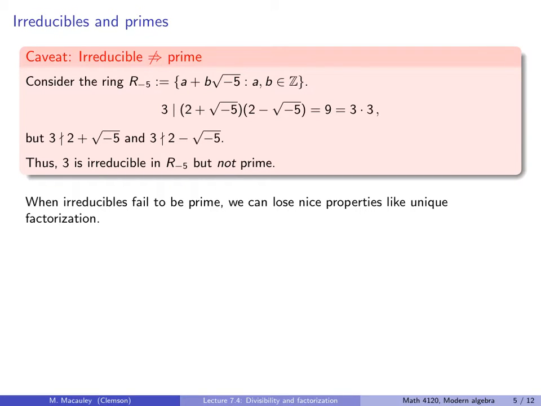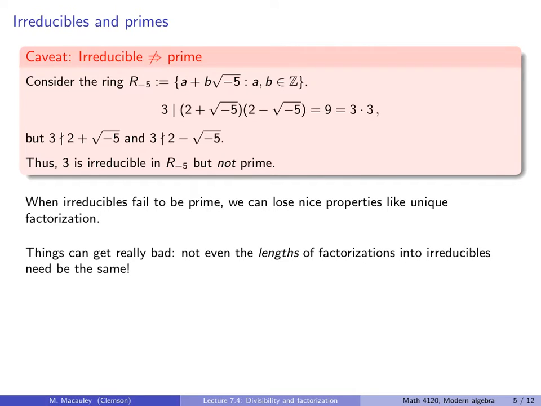When irreducibles fail to be prime, like in this example, we can lose nice properties like unique factorization. Things can actually get really bad. Not even the lengths of factorizations into irreducibles need be the same. For an example of this, consider the ring R equals Z[x squared, x cubed]. So to motivate this, imagine the ring Z[x, y]. These are all polynomials in x and y.